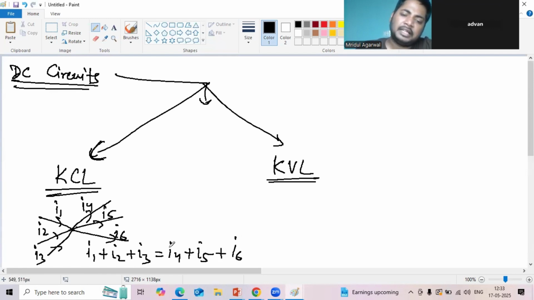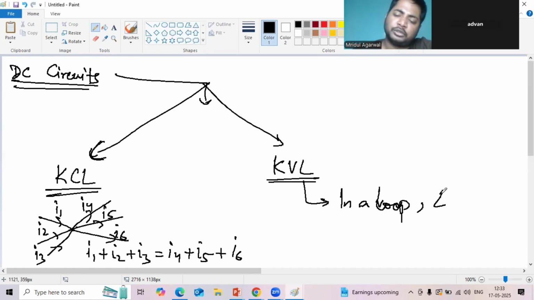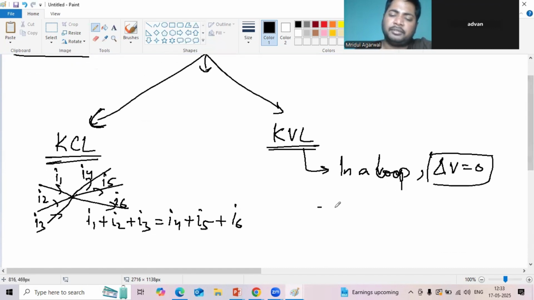KVL states that in a loop, the potential drop must be zero, so delta V must be zero. What does it state? Suppose you have a circuit like this, with a resistor.